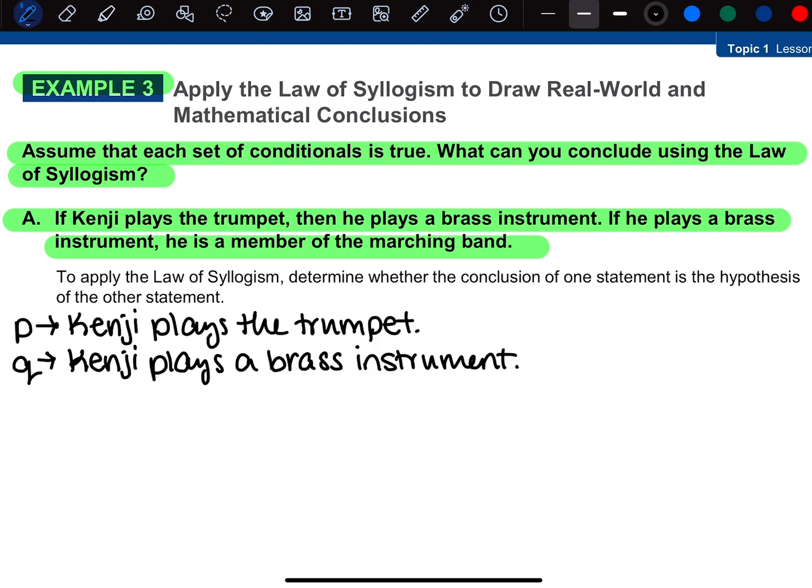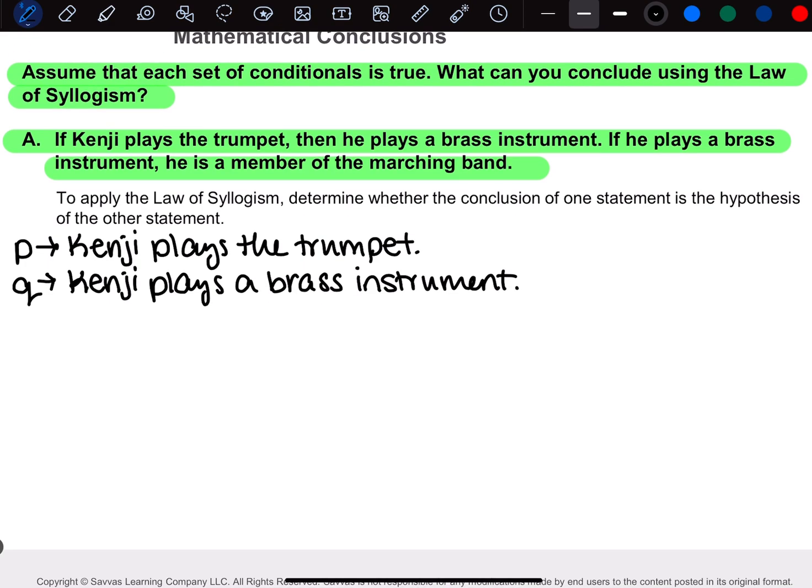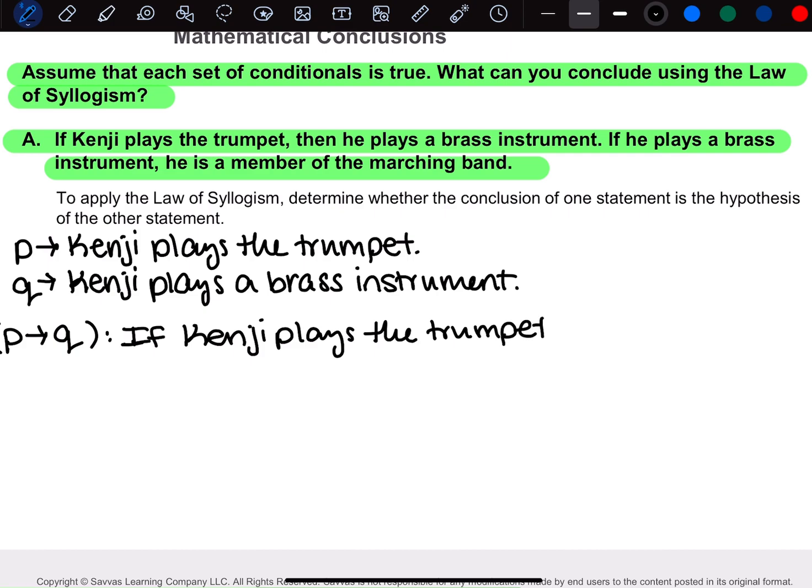So our statement for if P then Q, the conditional, would be: if Kenji plays the trumpet, then he plays a brass instrument.